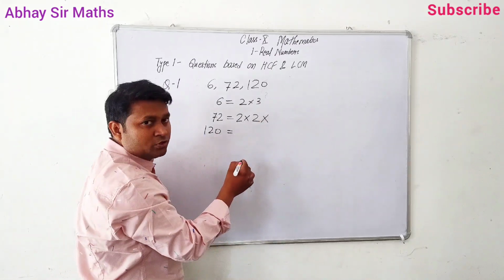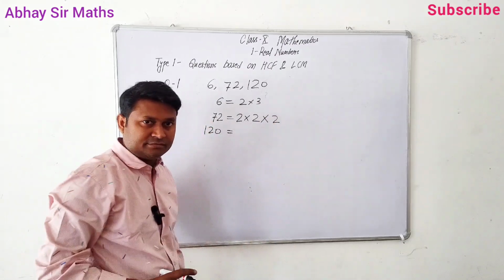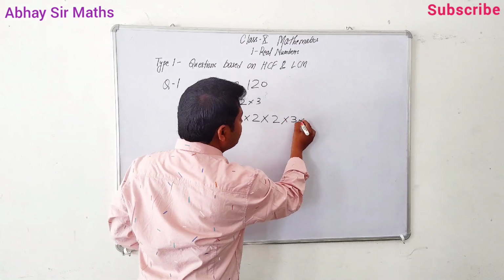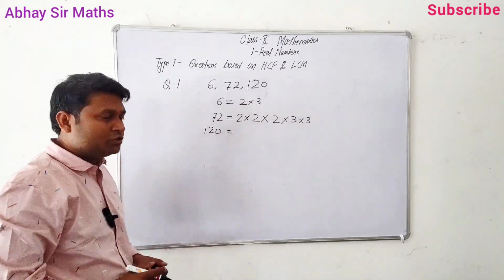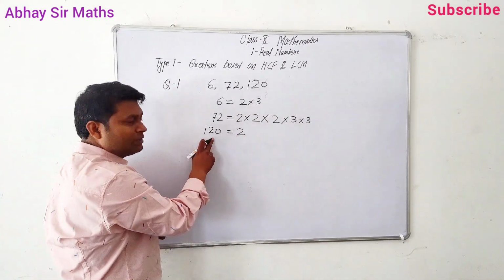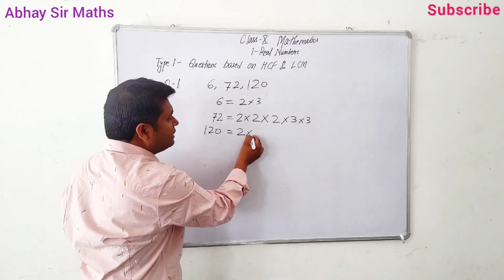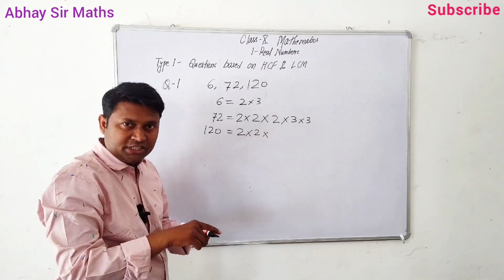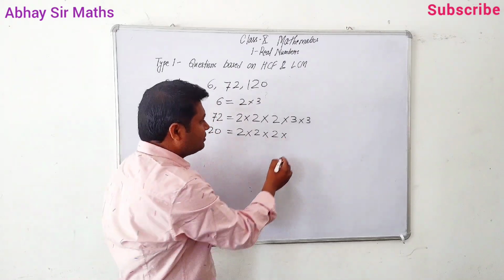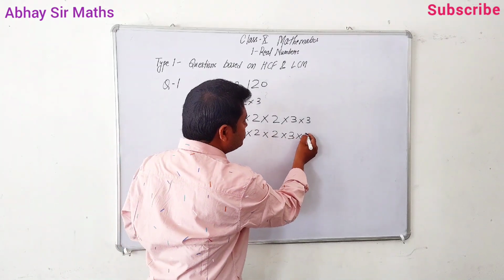Again divide 18 by 2, you will get 9. Okay, and 9 is what, children? It is 3 into 3. Now let's talk about 120. Divide by 2, you will get 60. Again divide by 2, you will get 30. Again divide by 2, you will get 15. And 15 is 3 into 5.